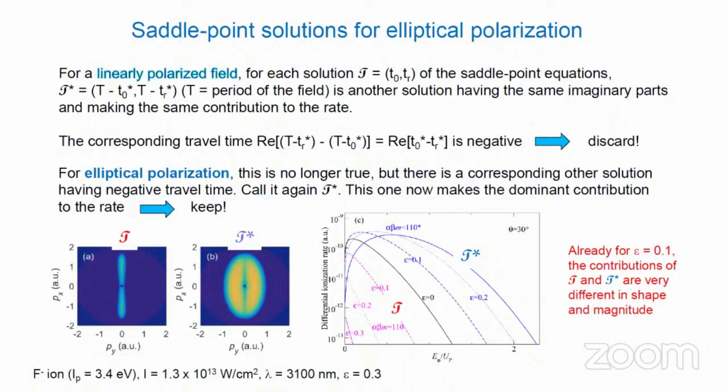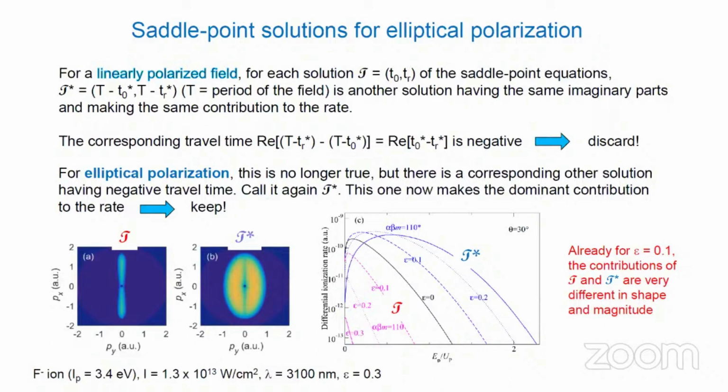And if you plot the contributions here as a function of energy, you see that very clearly, that already for a small ellipticity, 0.1 here, this one is much more important than this one by up to 2 orders of magnitude. So we need to get this new solution in order to be able to explain the spectrum in terms of orbits, but it has a negative travel time.